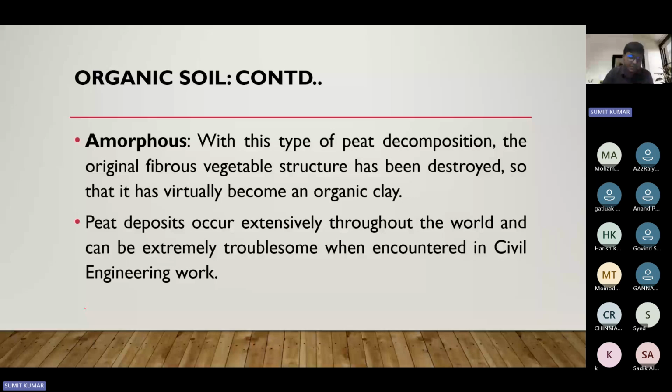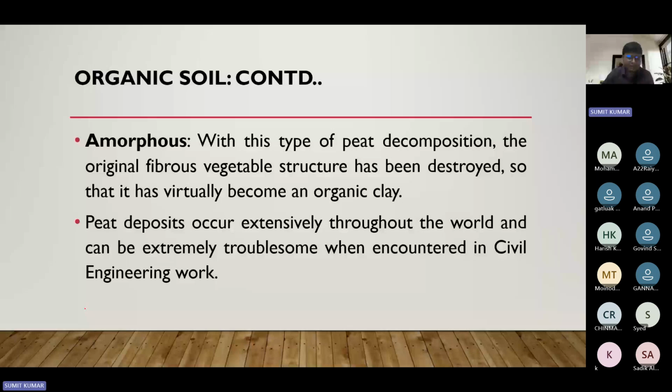Peat deposits occur extensively throughout the world and can create extreme trouble when encountered in civil engineering work. If you see peat deposits at any place, the construction work going on there is going to suffer for sure, right?